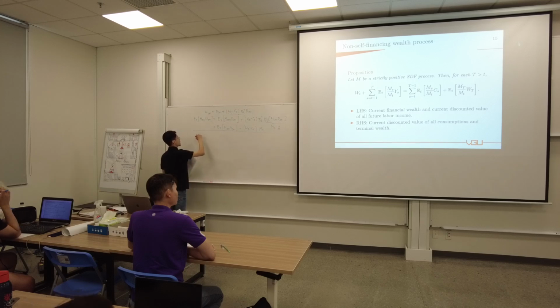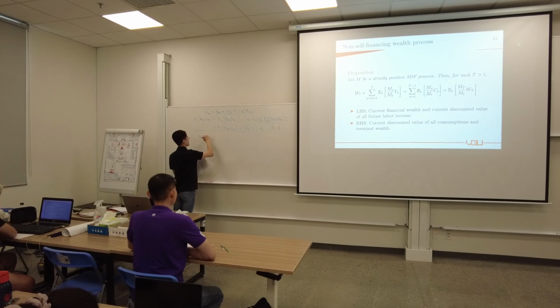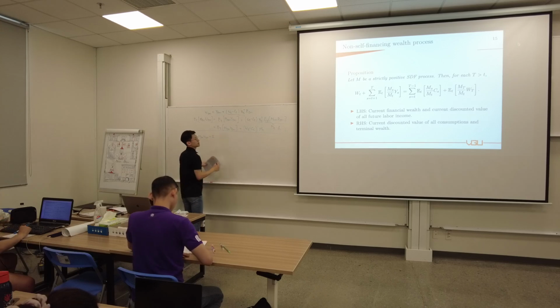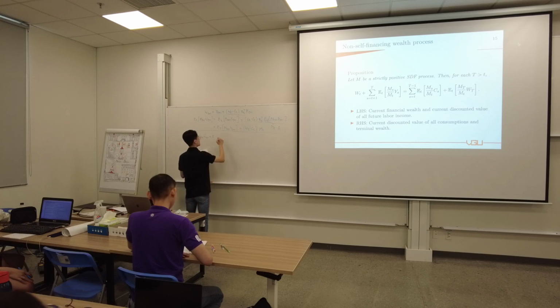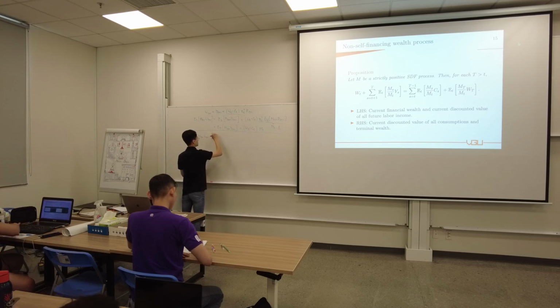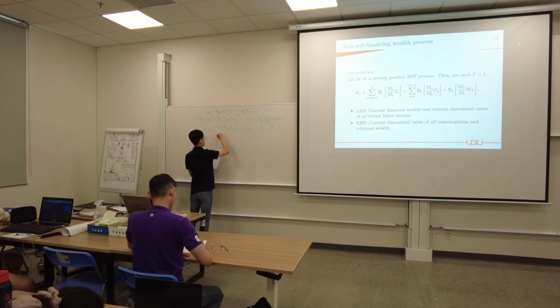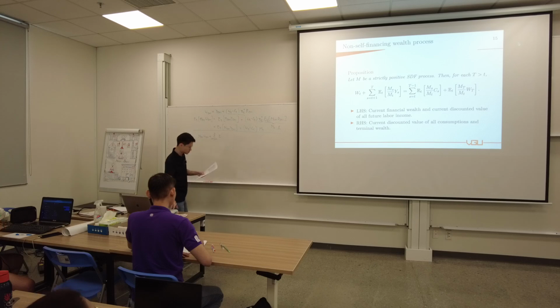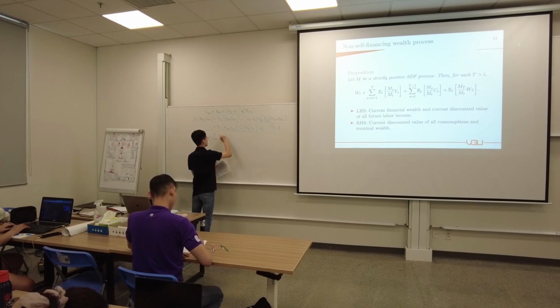So on the left hand side we have m tau plus 1, we have W tau plus 1, and then we just copy everything. We're summing s from tau plus 2 up to capital T. We have the conditional expectation, conditional on tau plus 1 information.